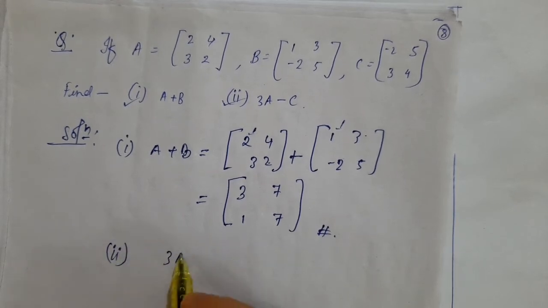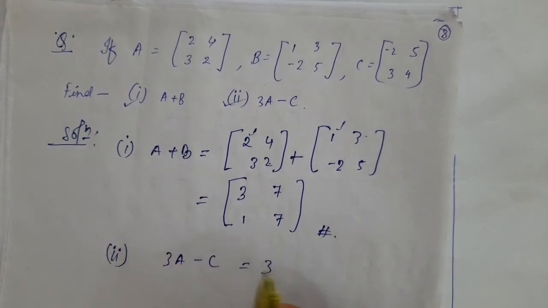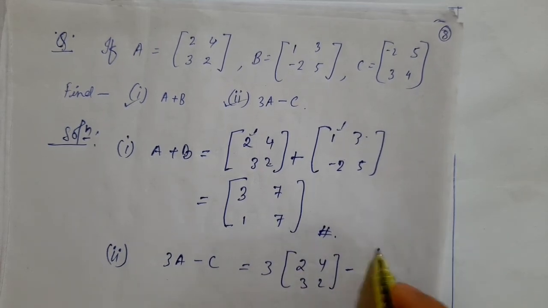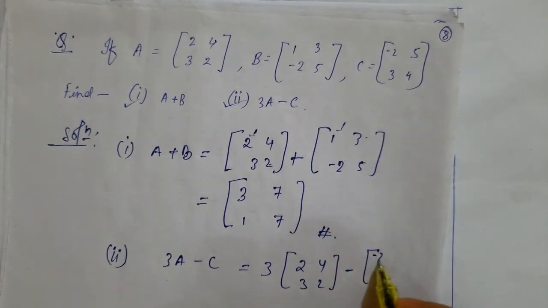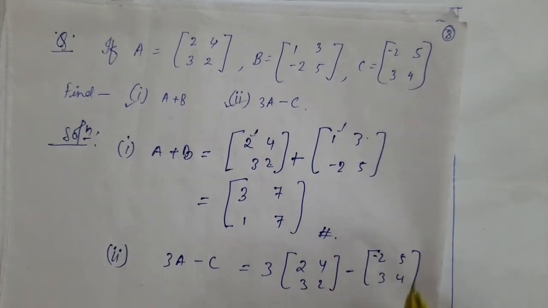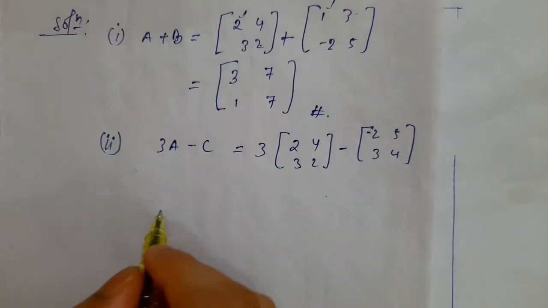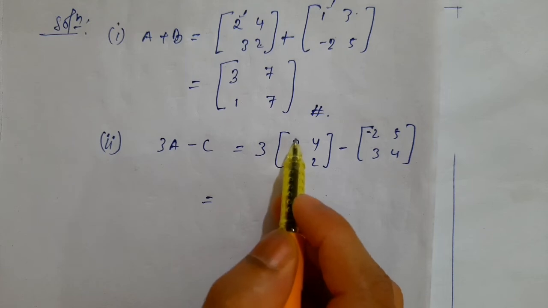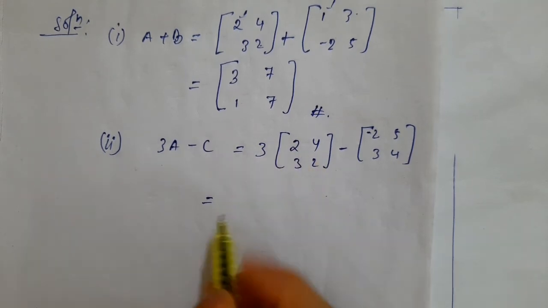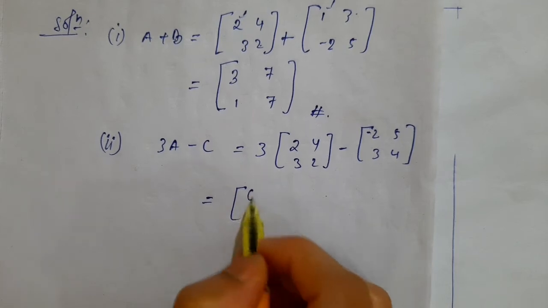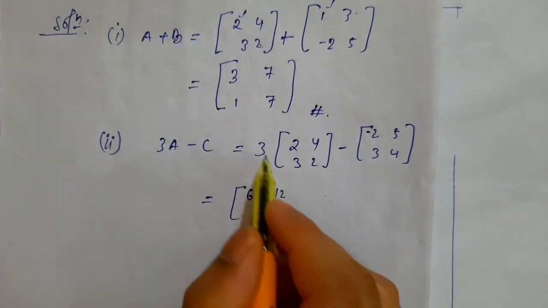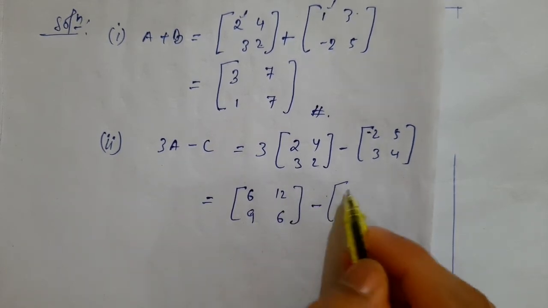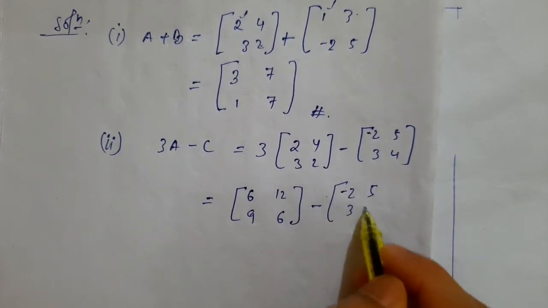Now the second part, 3A minus C. 3A is 2 4 3 2, minus C is minus 2 5 3 4. Now 3 is a scalar here, so we will multiply each and every element of A by 3. 3 twos are 6, 3 fours are 12, 3 threes are 9 and 3 twos are 6, minus 2 5 3 4.